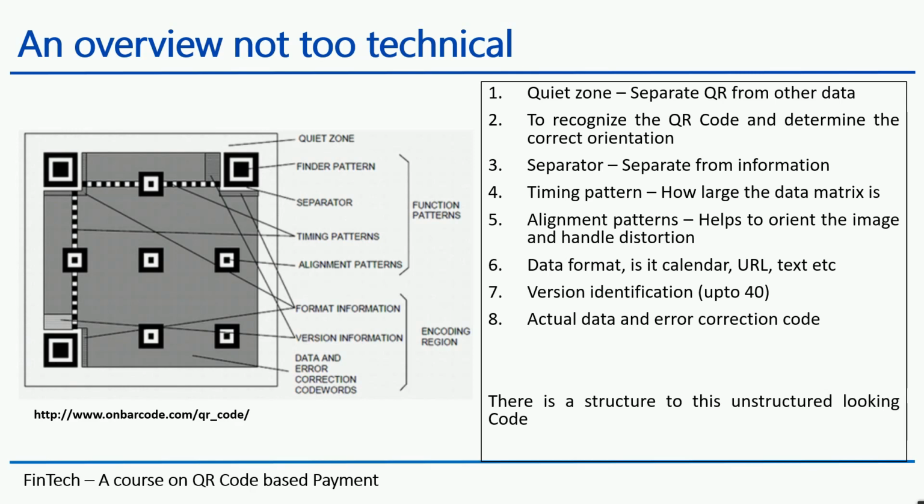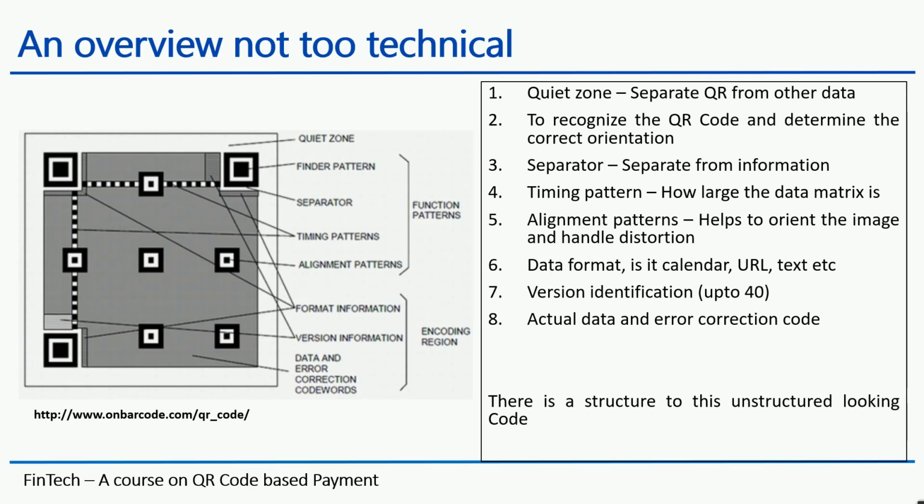Then there's a timing pattern, which talks about how large the data matrix is and how dense this QR code data is.